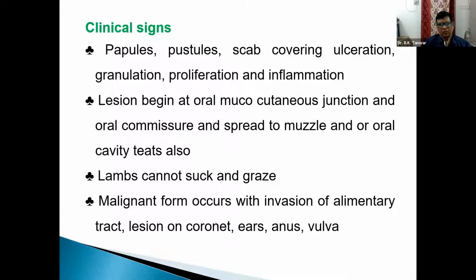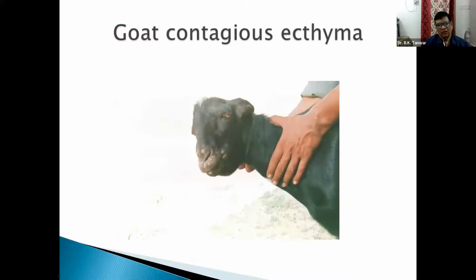There are papule, pustule, scab, covering ulceration. The lesion begins at the oral mucocutaneous junction and spreads to the muzzle and oral cavity also. Lambs cannot suckle. The malignant form occurs with invasion of the alimentary tract, with lesions on the coronet, ears, anus, and vulva.